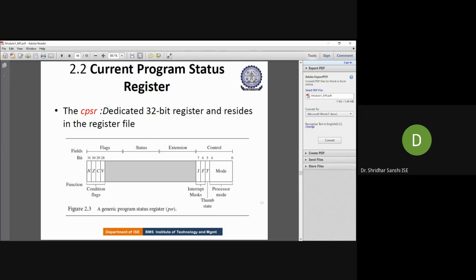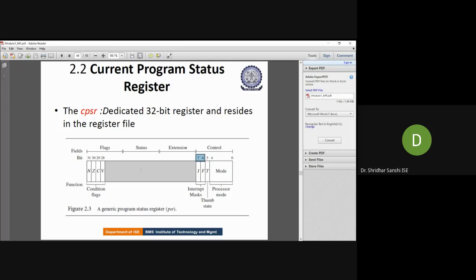This is the sixth bit, since counting starts from 0. The next two bits identify the interrupt mask, which can be identified using the seventh and eighth bits of the control field.